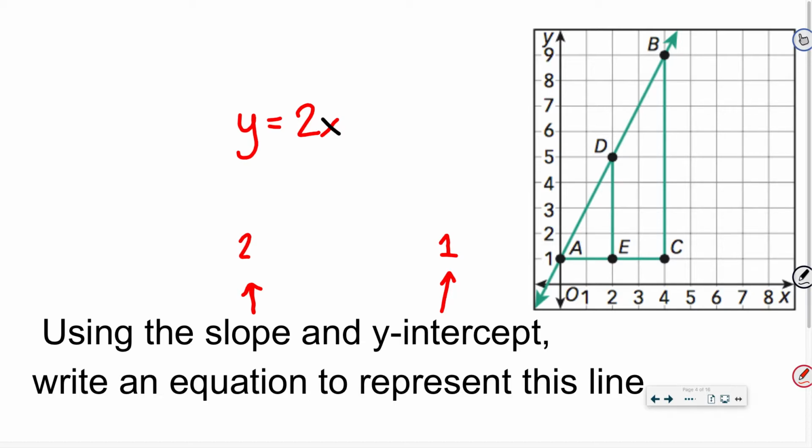Now, is that the equation for this line? If that's the equation for this line, what would happen if we substituted in an x value for a coordinate? What would the y value be? For example, these are the coordinates on our line.